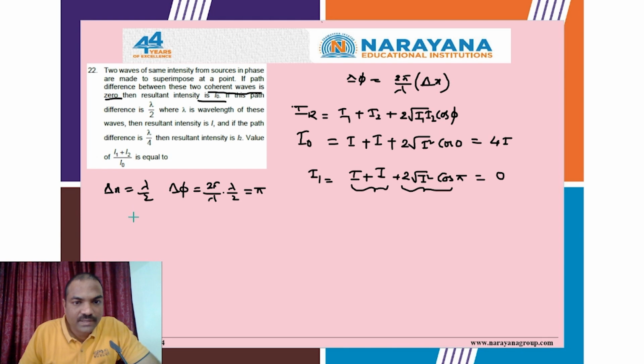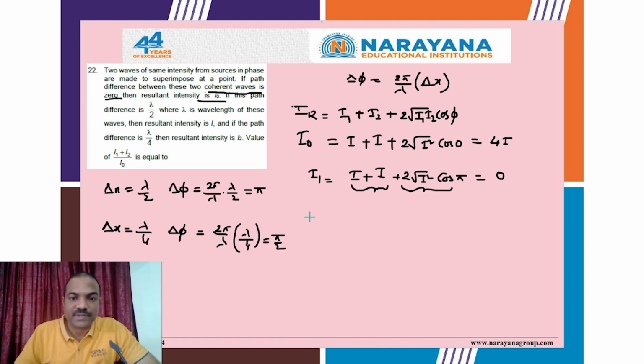Similarly, when path difference is lambda by 4, they are saying the resultant intensity is I2. Let us calculate the phase difference: delta phi is equal to 2 pi by lambda into lambda by 4, you will get pi by 2. Then resultant intensity I2 is equal to I plus I plus 2 root I square cos of pi by 2.